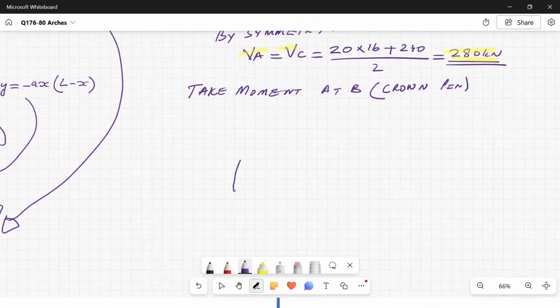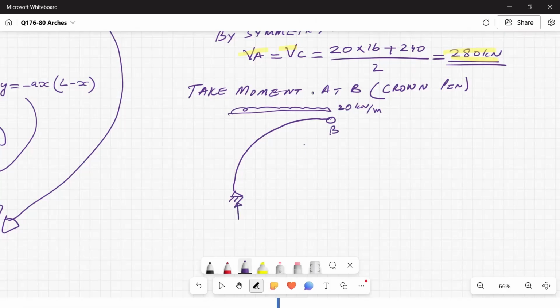So we have a pin over here, and we have a distributed load of 20 kilonewton per meter.